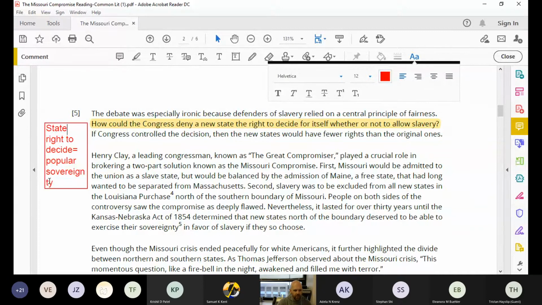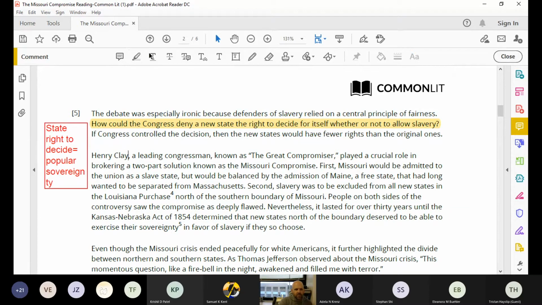I'm sorry that it kind of cut off there and it's like a fragmented word. But this idea of popular sovereignty has such a huge impact in this century because people are very concerned that the federal government is going to create laws or amendments to the Constitution that will threaten the existence of slavery.